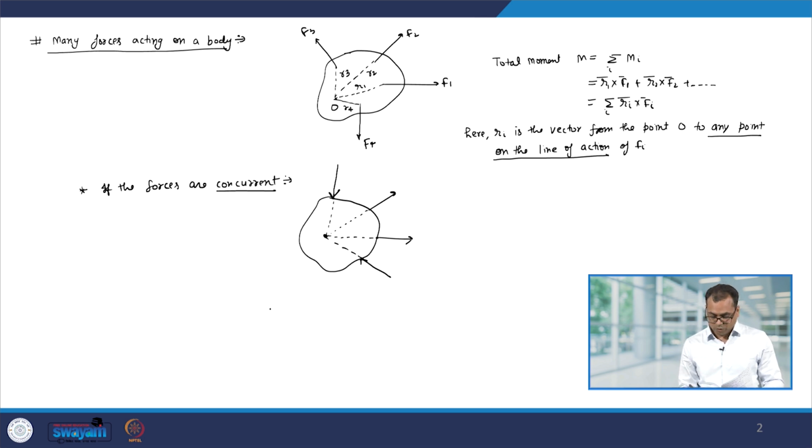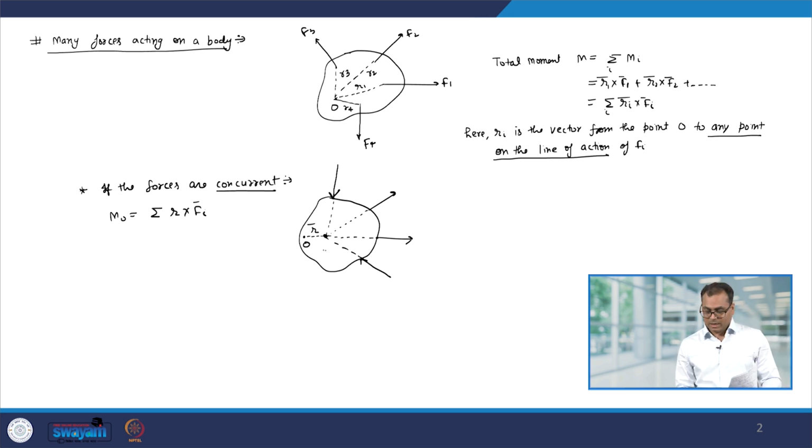Suppose we want to calculate the moment about a point O. From O I draw a vector, let us say this vector is R, then the moment about O will be R cross Fi.